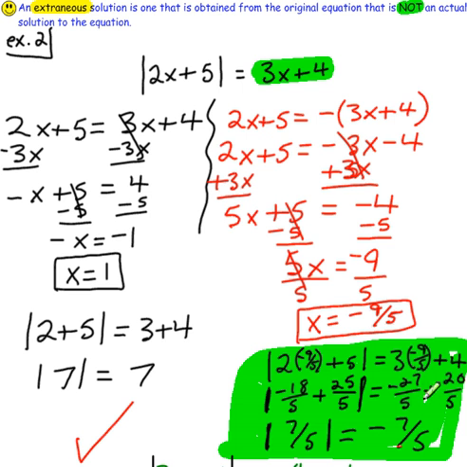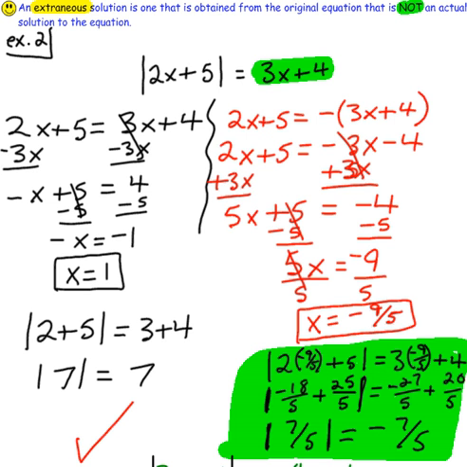It just did not check out. That's what we call an extraneous solution. It's a solution to the equation, but when you plug it back in, it does not work, so it's not an actual solution. So in example 2 here, we only had one real solution, and that's x equals 1. That was a tough check, but we made it work.